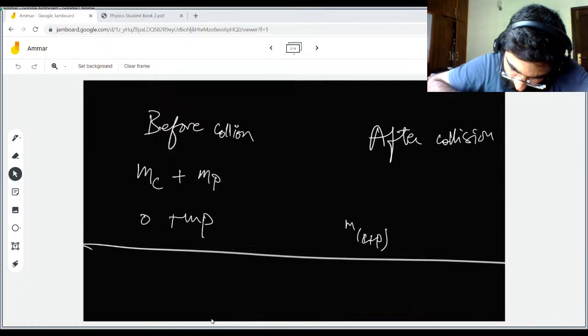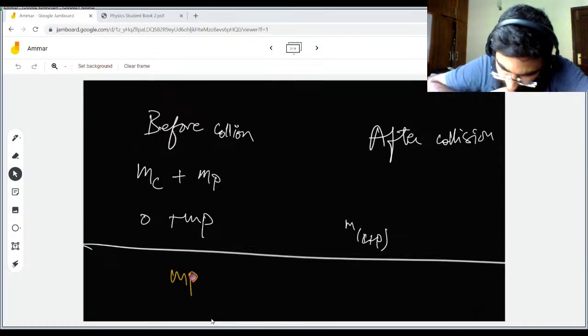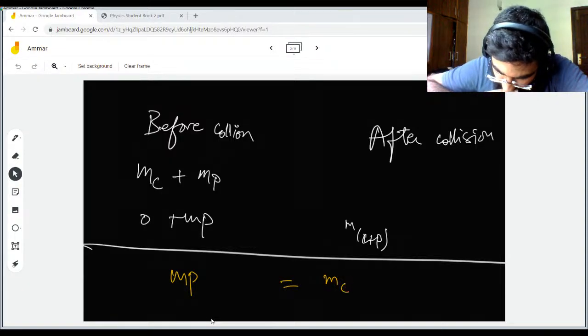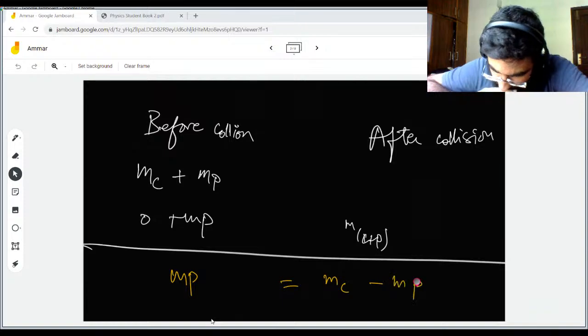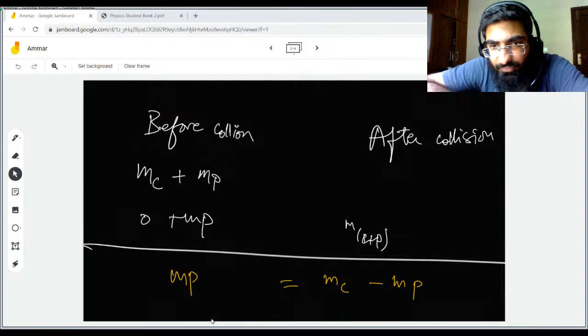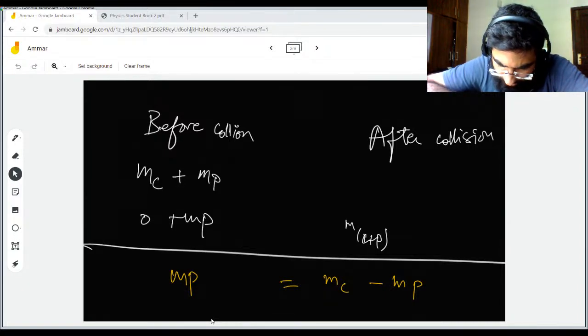Initially we have the momentum of the pellet, but after, if I take the initial direction of momentum as positive, it's the momentum of the car minus the momentum of the pellet, because it's moving in the opposite direction.